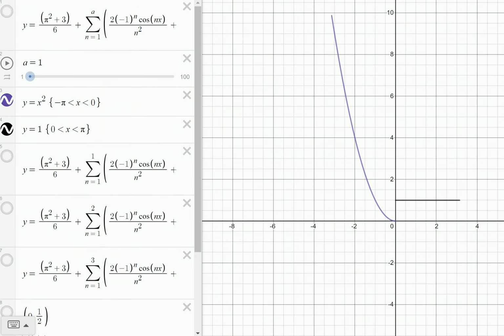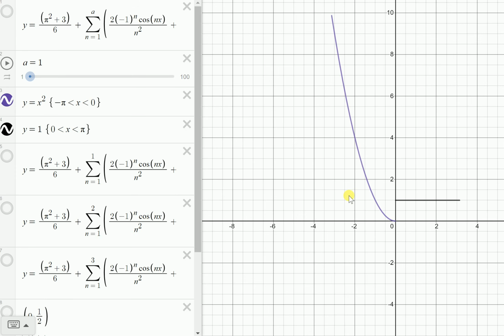All right, so here we are in Desmos, and I've gone ahead and plotted our piecewise function. We've got our x squared piece, and then we have this y equals 1 piece. You might see that in my formulas section here, I have a bunch of complicated looking sigma formulas. That's because I've entered in our Fourier series and certain terms of it.